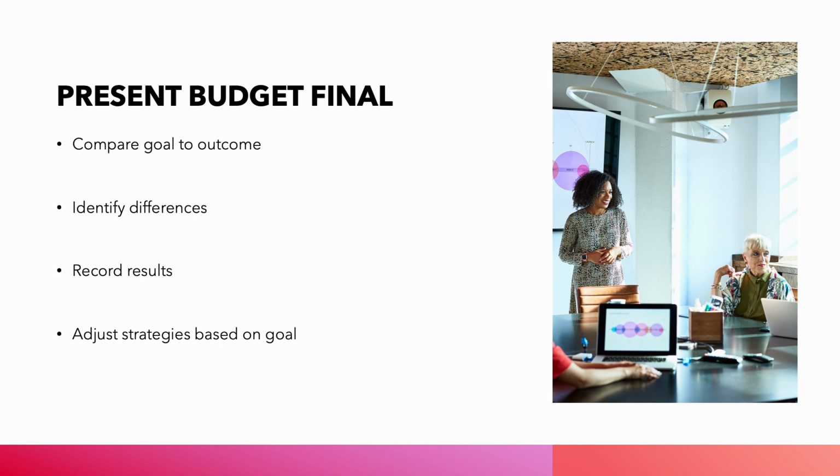Students would also identify what developmental math concept was used in their budget. They would discuss how the outcomes compared to the goals, what were the differences, did they save money or spend money, or was there any difference at all? They would document the results, including any time they may have strayed from their budget, and based on outcomes, make adjustments accordingly.